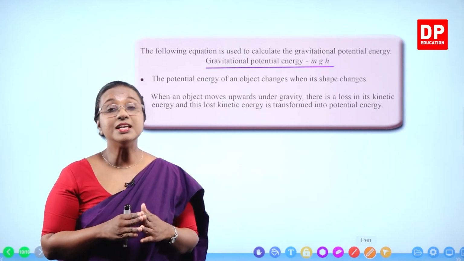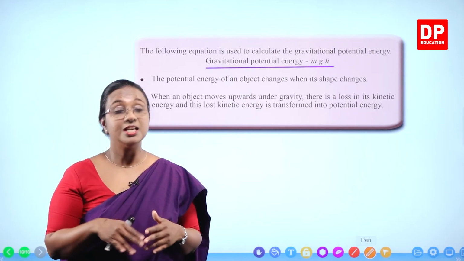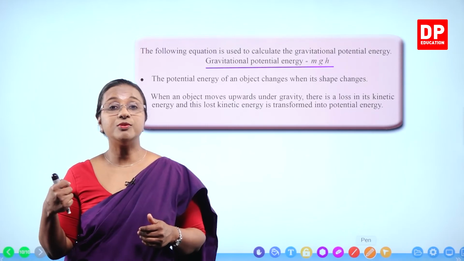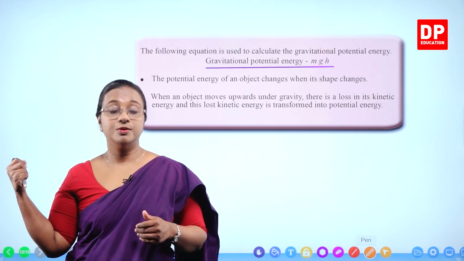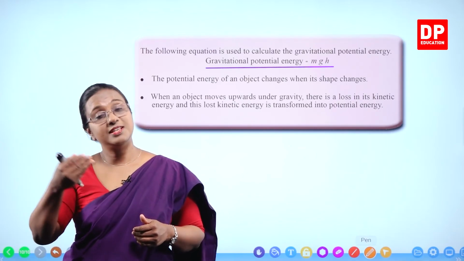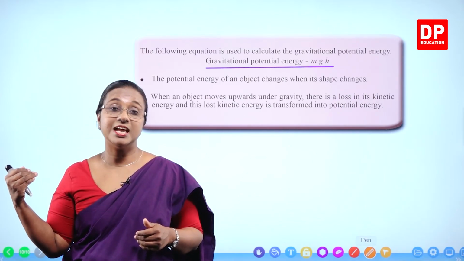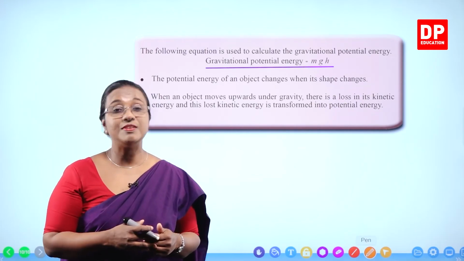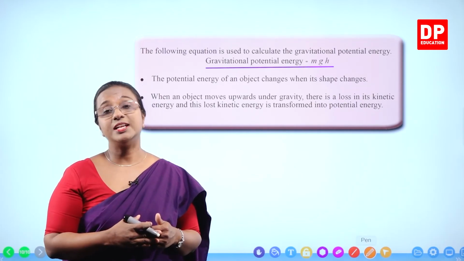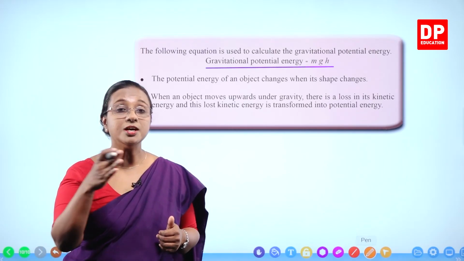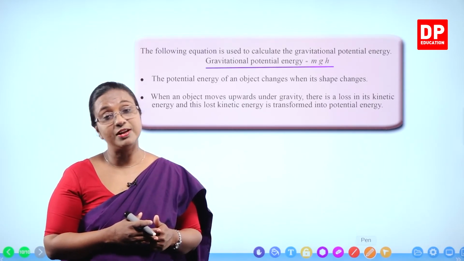That is known as the elastic potential energy. That can be related to the catapult, even bow and arrow. You pull the bow with the arrow, so there is elasticity. With that elasticity, there will be potential energy gained by the bow, and when it is released, that potential energy will be converted to kinetic energy, which gives a higher velocity for the arrow to travel forward.